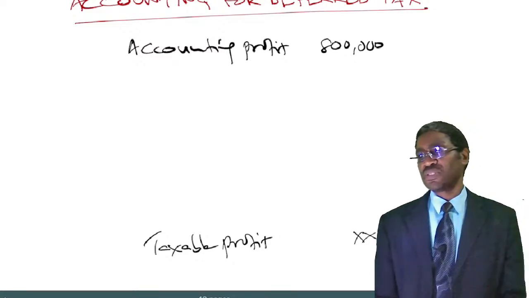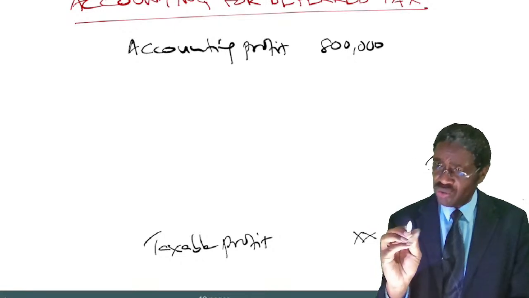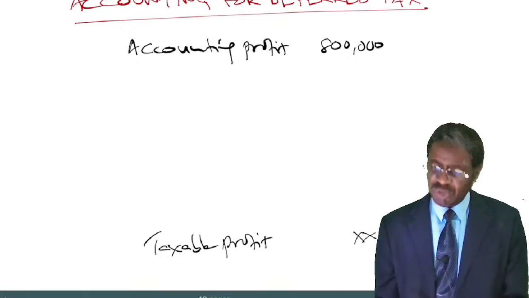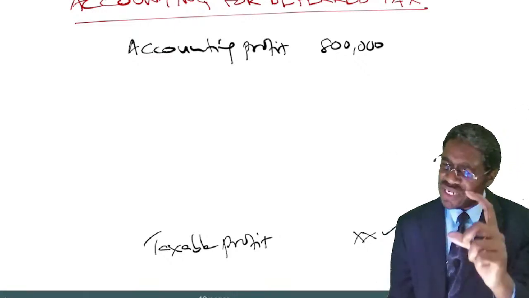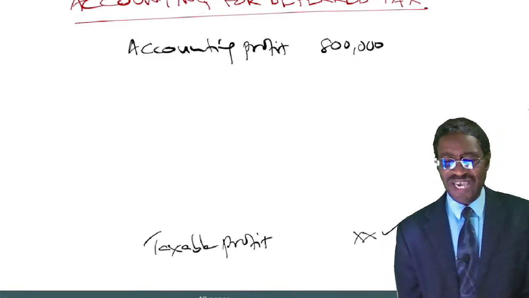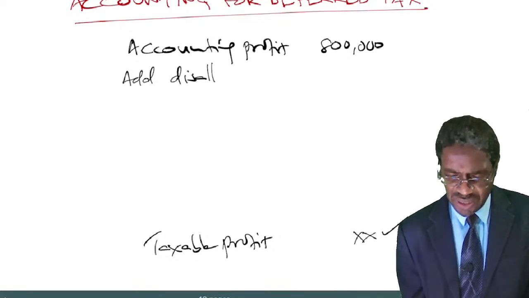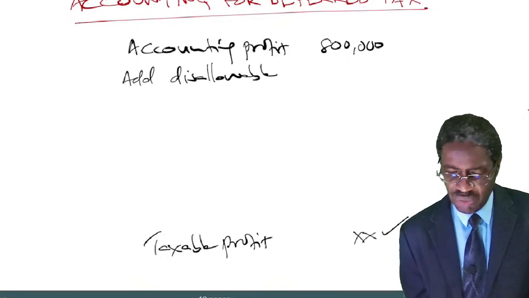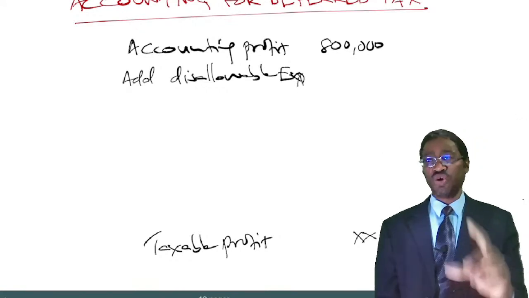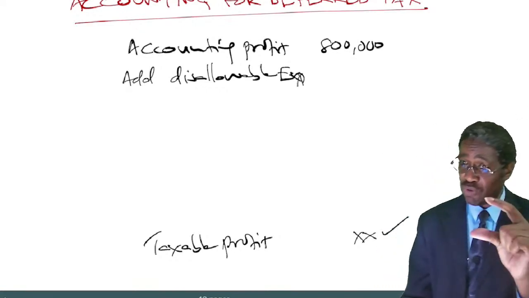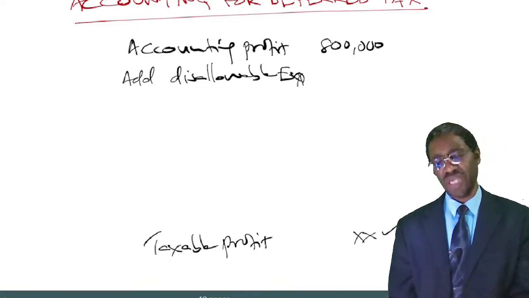Okay, now let's continue. You also know that to compute this taxable profit, we normally take the accounting profit and add all the disallowable expenses. You have done taxation before, you know how to compute the taxable profit.